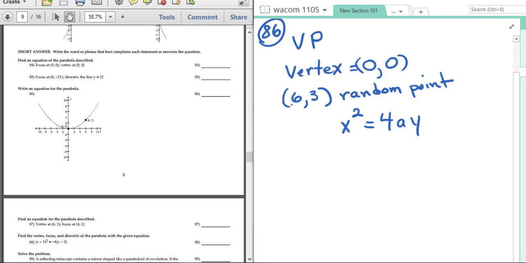What we have to do is plug in this random point. So this is x, this is y. So 6 squared, and we're doing this to solve for a. 6 squared equals 4 times a times 3.